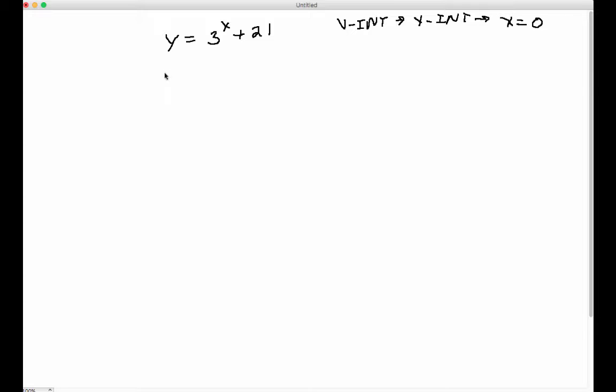So if x is equal to 0, then y is equal to 3 to the 0 plus 21, which gets us 1 plus 21, which is equal to 22. So the vertical intercept would be at (0, 22). And that's the way I would recommend finding your vertical intercepts when you get asked those questions.